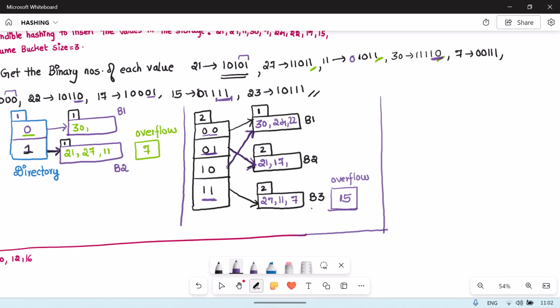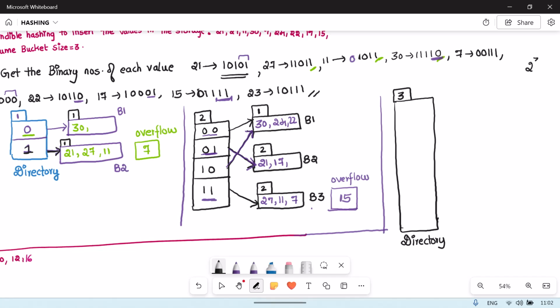So now write like this. The directory, no hash table, sorry, directory. And increase the global depth by 1. So if you remember, it is 2 to the power of 3. So 8 values will be there. So it is 0, 0, 0, 0, 0, 1, 0, 1, 0, like this.